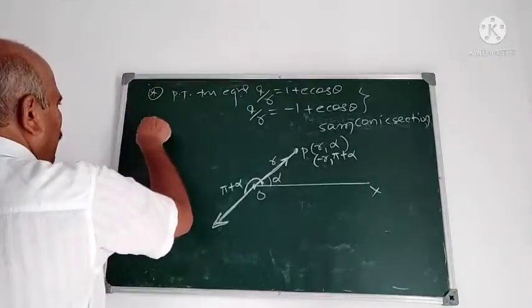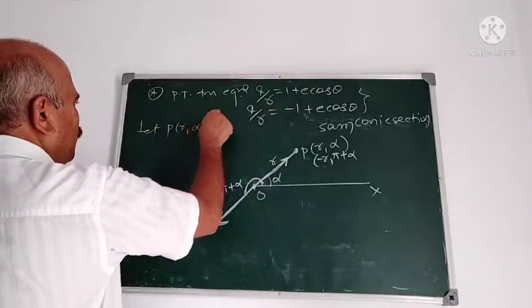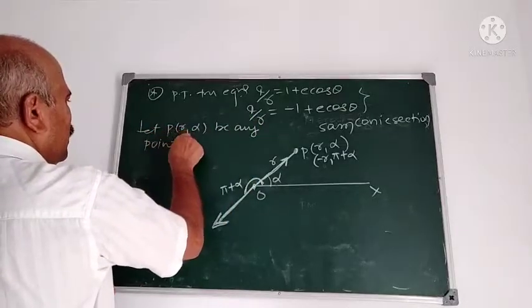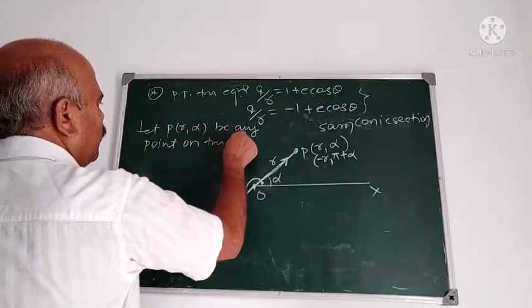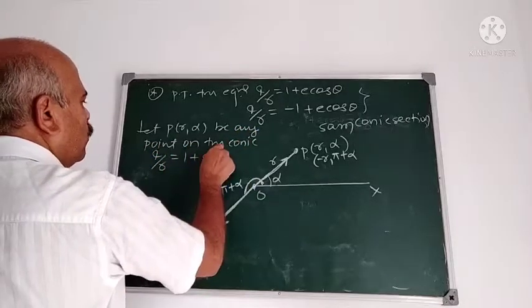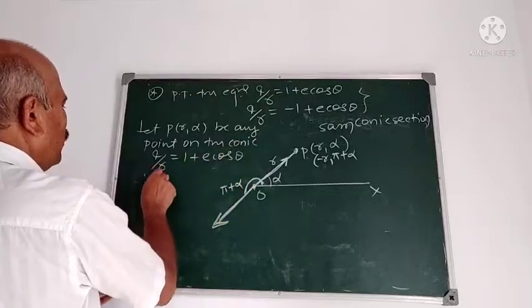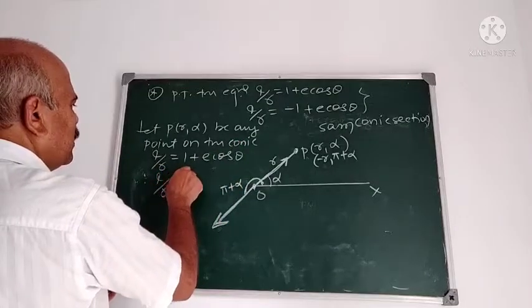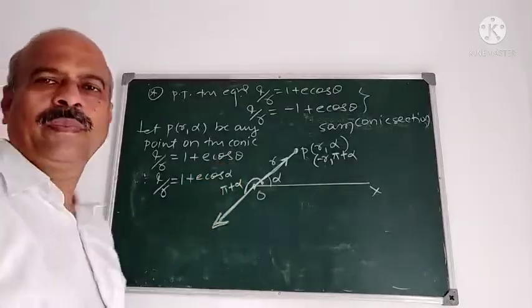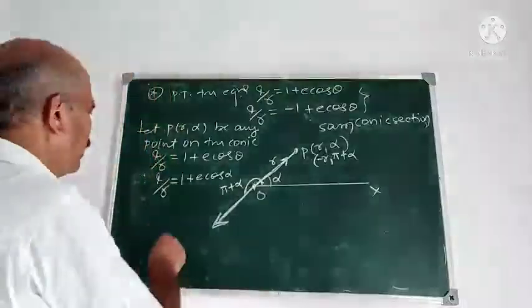Now the derivation depends on this. Let P(r, alpha) be any point on the conic l by r is equal to 1 plus e cos theta. Then we have l by r is 1 plus e cos alpha.